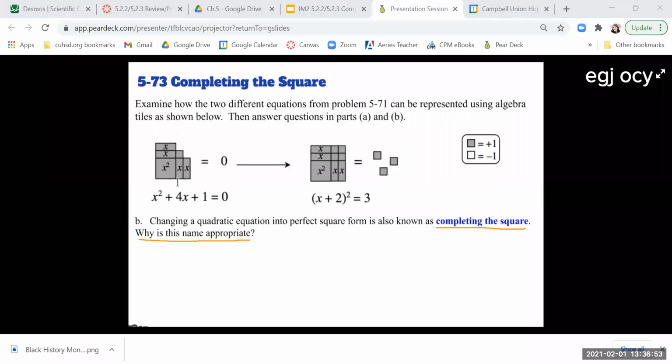So we just added enough tiles to the diagram to make it a square, which means we added enough units to each side of the equation to make the expression represent a perfect square. So it literally is completing an incomplete square.